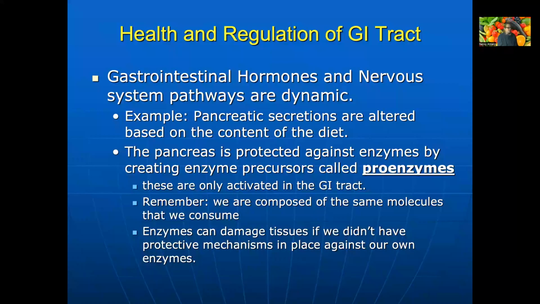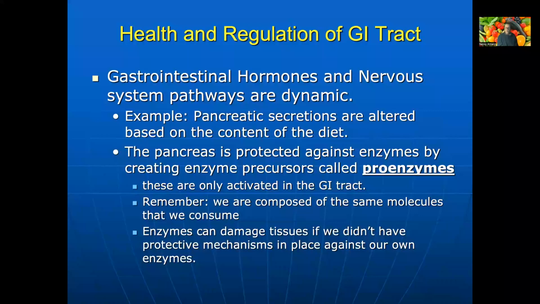So if the pancreas secretes these incredible amounts of digestive enzymes, which it does, why isn't it sort of eating itself? Why aren't these enzymes breaking down the tissue of the pancreas itself? Because they don't actually produce active enzymes. They produce these precursors, which are known as proenzymes.